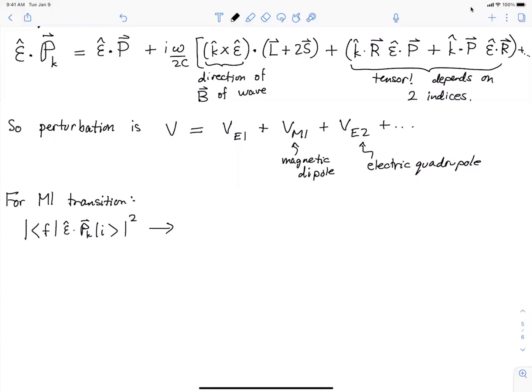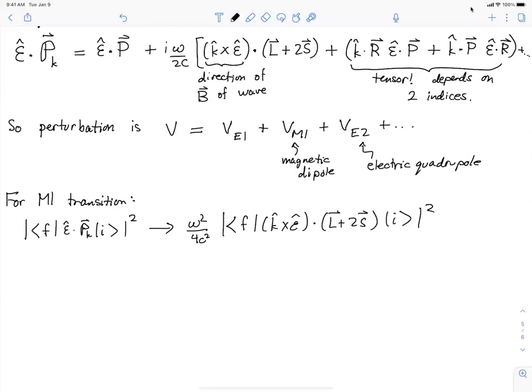And the fact that we're squaring it means we don't care about that factor of i. And so we get omega squared over 4c squared, the matrix element between the final state and the initial state of k hat cross polarization dotted into L plus 2S, squared.